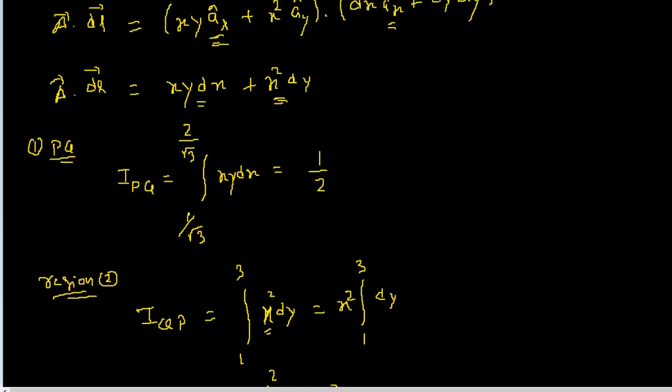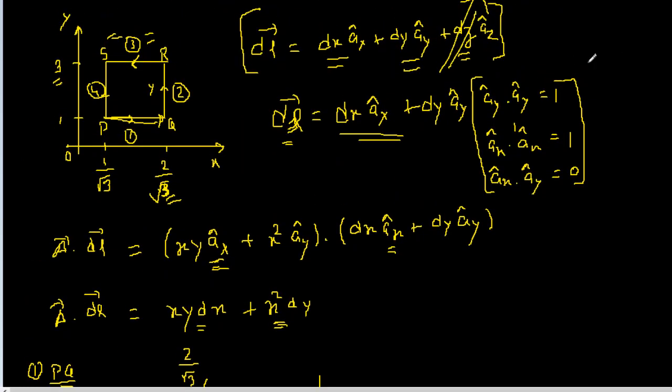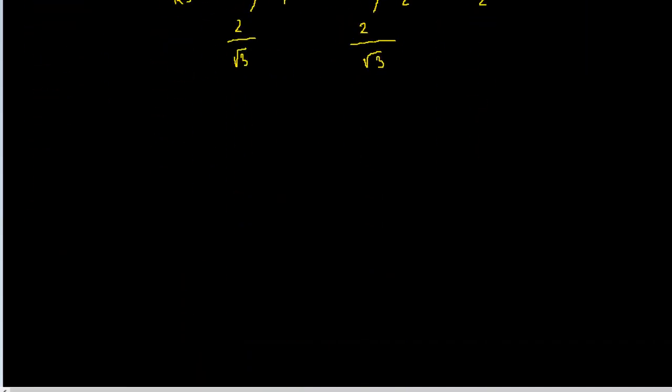Now we take one more region, which is SP. Okay, SP. Here x is kept constant and y is varying from 3 to 1. Now take region 4, integral SP. Now here you can use only y and neglect x. So the limit that we have to take over here is 3 to 1.